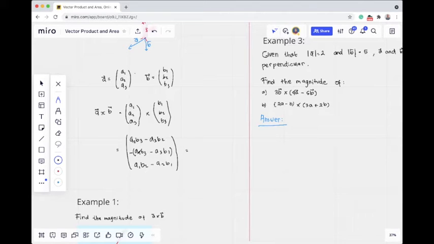Because the second row is negative, I open the bracket: A3 B1 positive, minus A1 B3. Third: A1 B2 minus A2 B1.